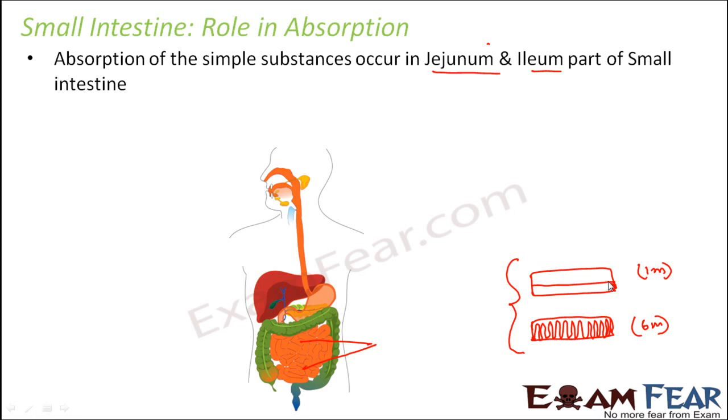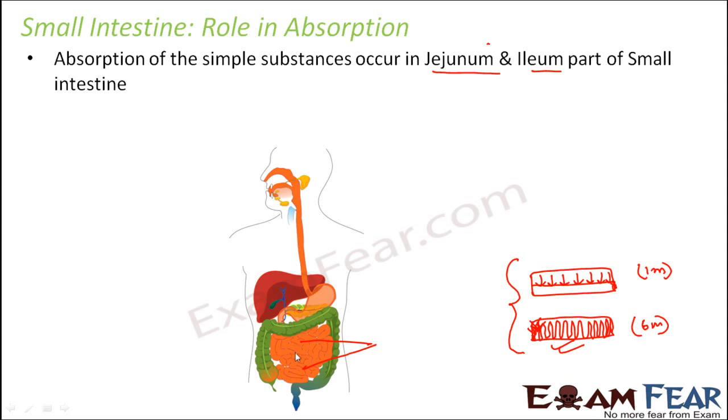So in order to increase absorption, more and more length of the tube has been accommodated, and to accommodate more length, it has been coiled like this. In this case, the absorption will be only on this 1 meter length, but here the absorption will be on the 6 meter length. So the absorption will be more in this case.